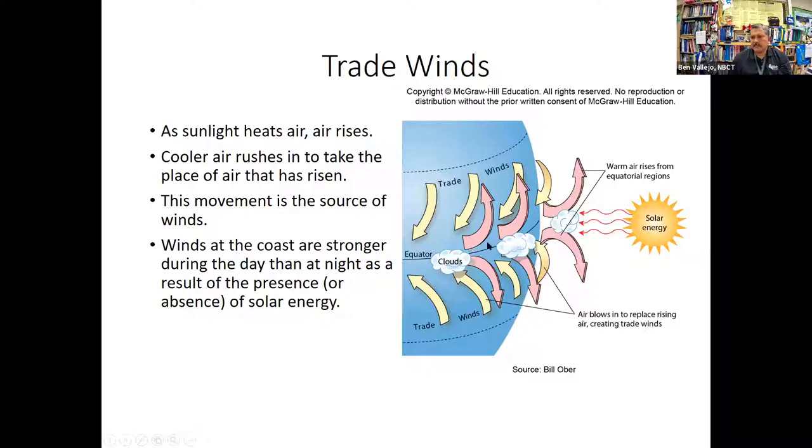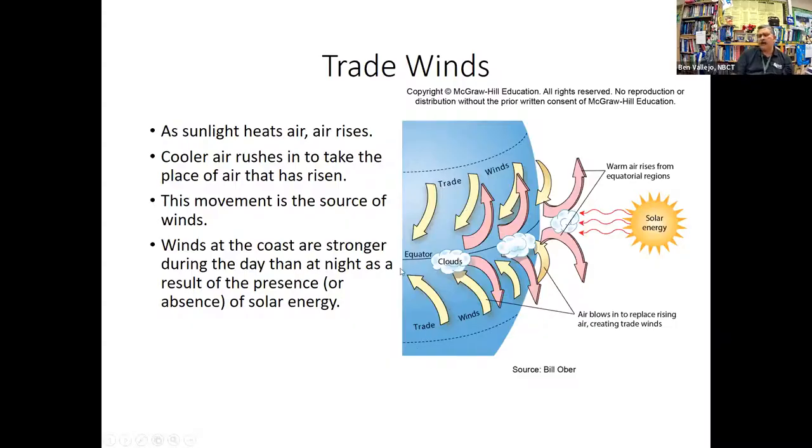As it gets pushed north and south, it's going to cool down, and air can hold less water when it's cooler. So when the air travels away from the equator, it's going to drop its water. And that's why in this area right here you get the rainforest.